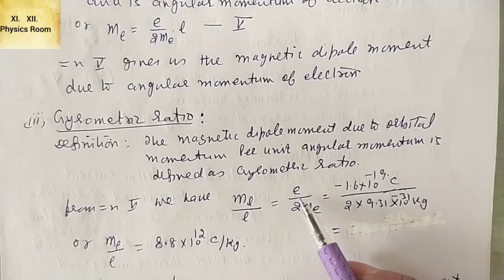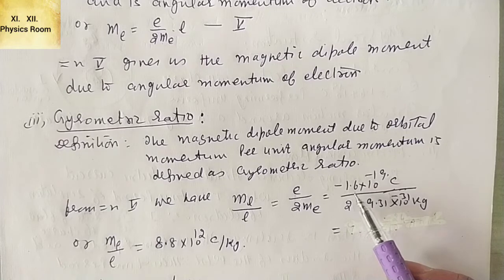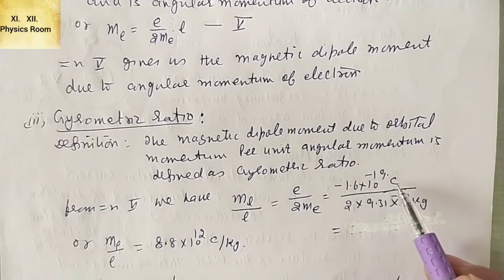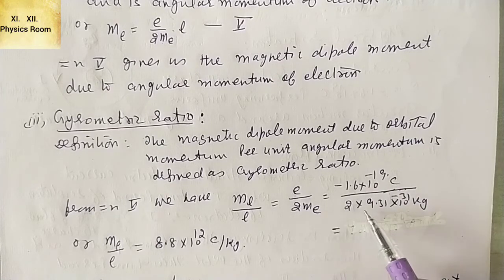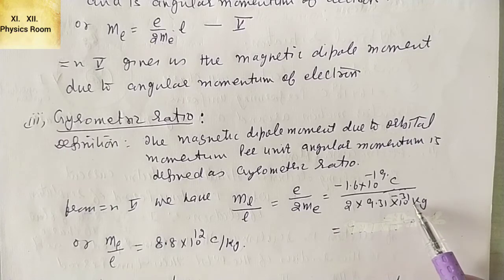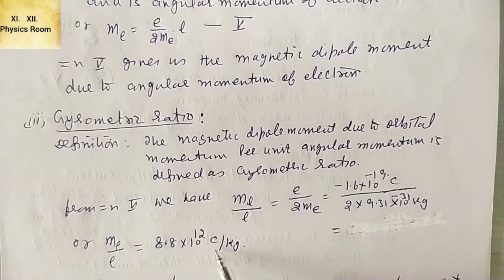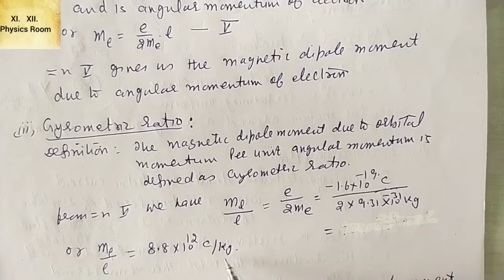If we substitute the value of e as minus 1.6 into 10 raised to minus 19 coulomb and me equal to 9.31 into 10 raised to minus 31 kg, we get ml by L, the gyromagnetic ratio, equal to 8.8 into 10 raised to power 12 coulombs per kg.